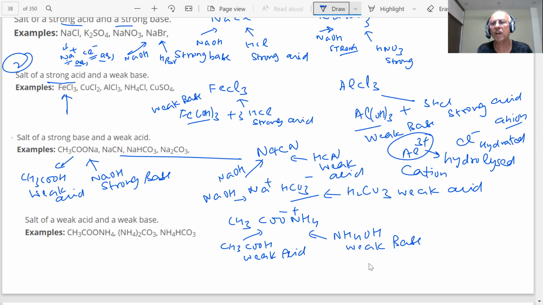Why do we spend so much time on everything? Because we must learn each and every point: what types of salts there are and how they are prepared. This is our third case, salt of a strong base and weak acid. And fourth, you can have salt of a weak acid and a weak base, with examples. Sometimes they ask you for examples.